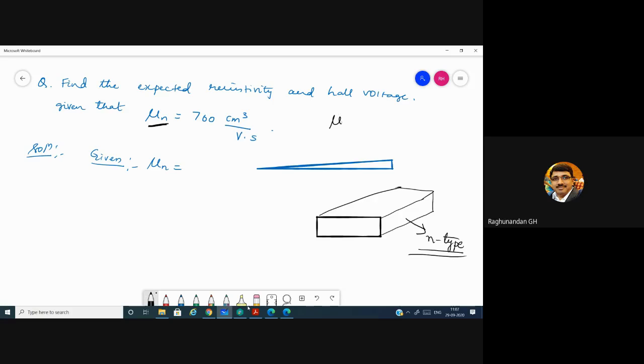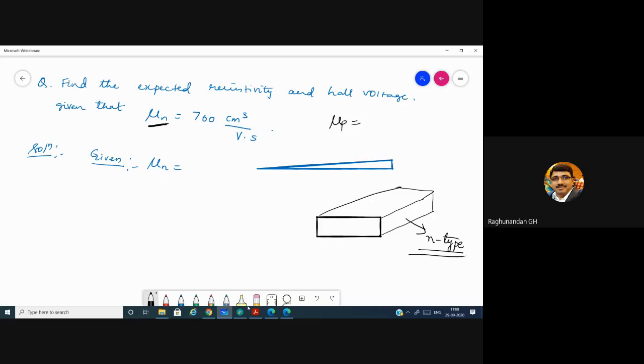Suppose if they have given mu p in the question instead of mu n, what you should do? It will be a P-type material, so you should consider it as a P-type material.